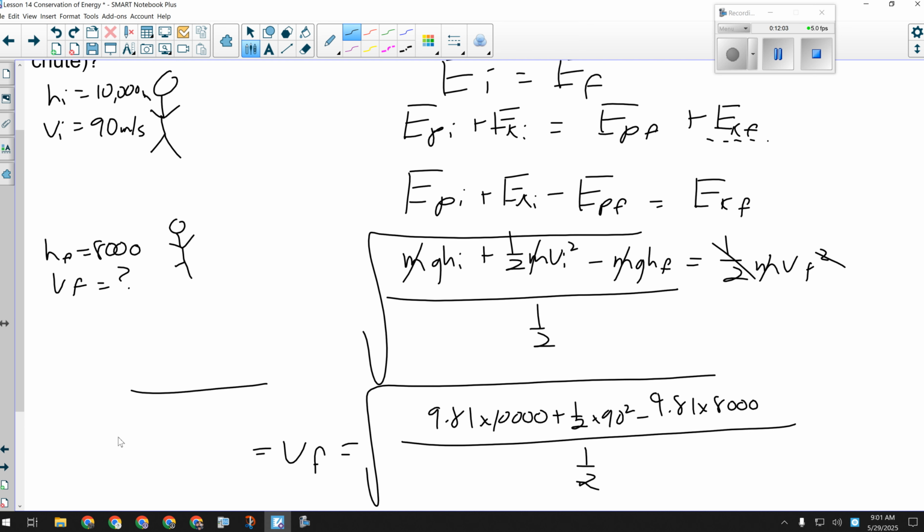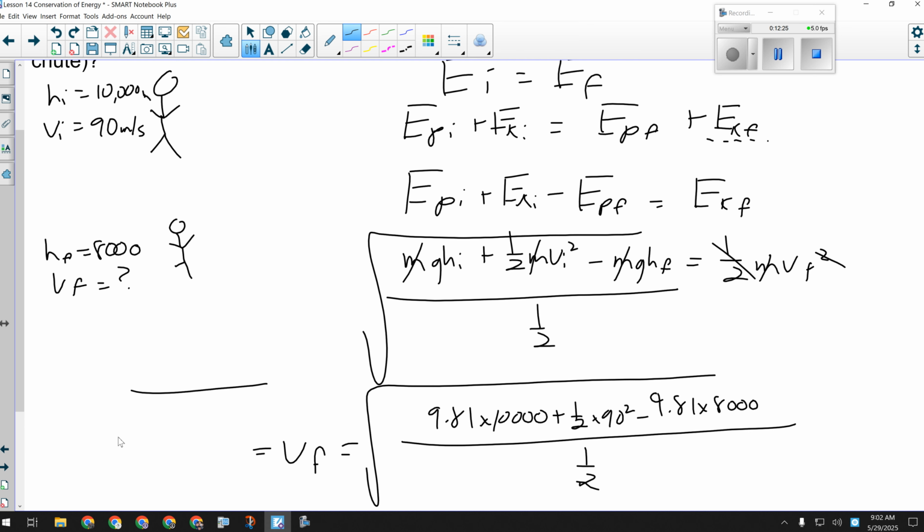In a conservation of energy problem, you're going to have both kinds. That's how you can tell them apart if you're ever confused. The biggest flag is force. If you got force, or you ask for force, or you see the word work, it's definitely a work problem. If you don't see those things, then it's a conservation of energy problem.